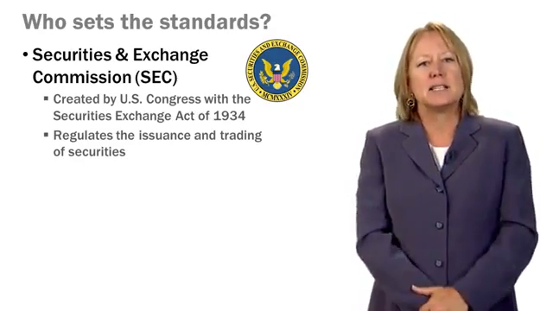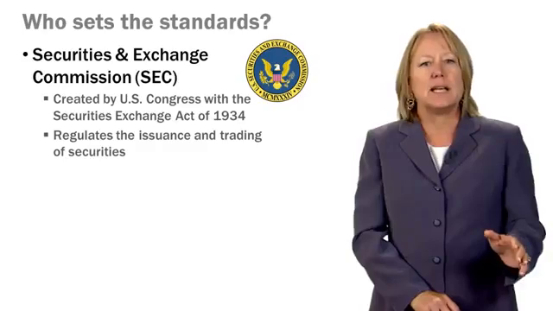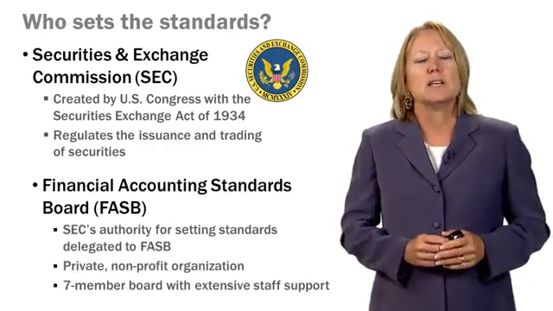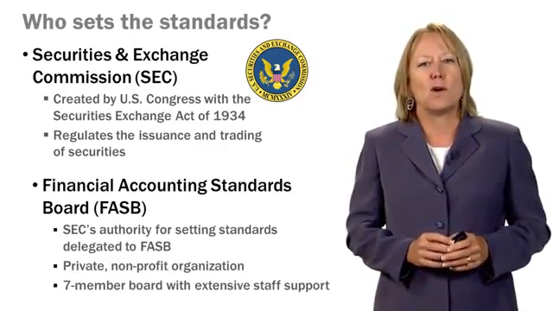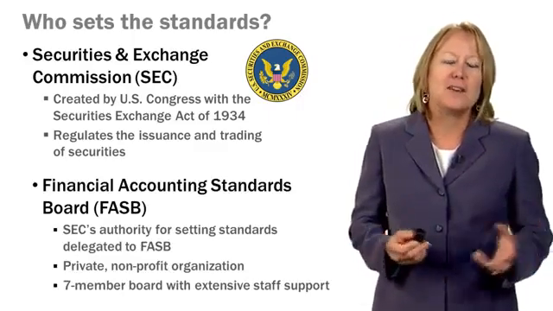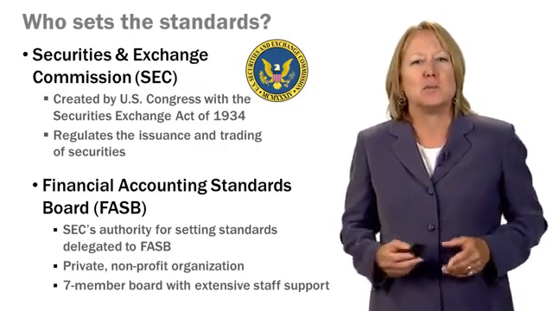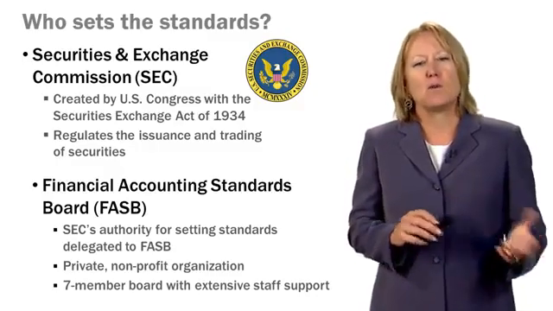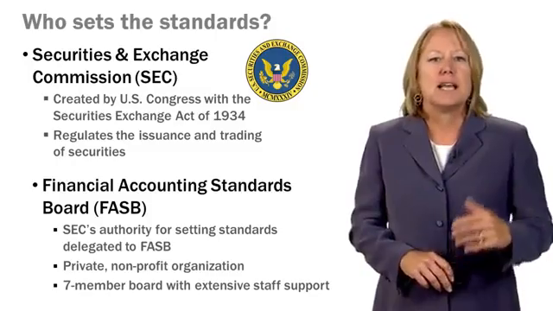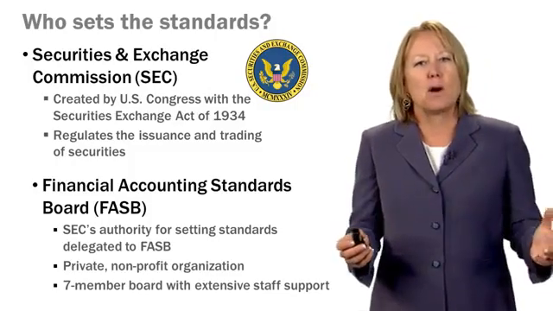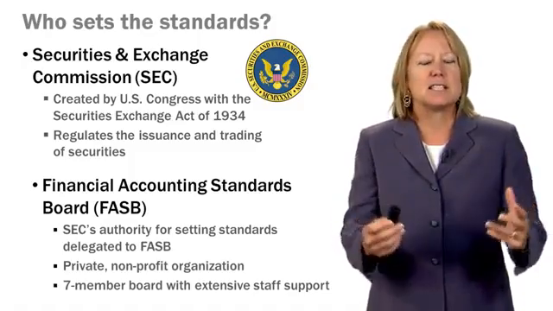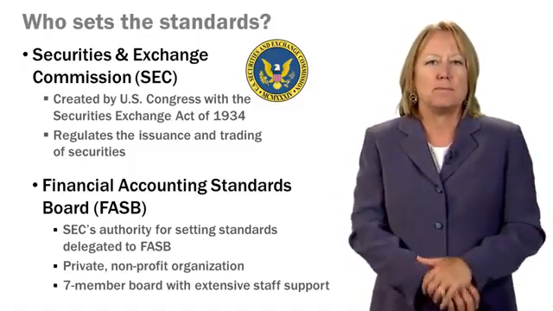The SEC has delegated its responsibility for the preparation of accounting standards to the Financial Accounting Standards Board. We affectionately call that the FASB. The FASB is a private organization, not for profit. It's made up of a 7-member board that has 5-year renewable terms, and they have an extensive staff support.